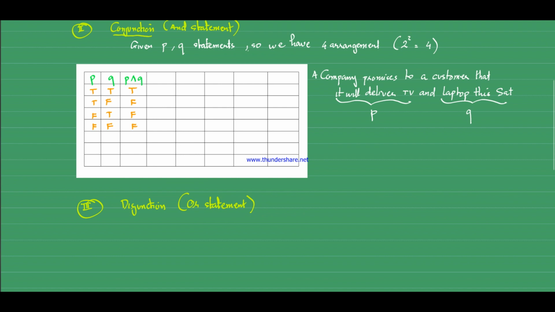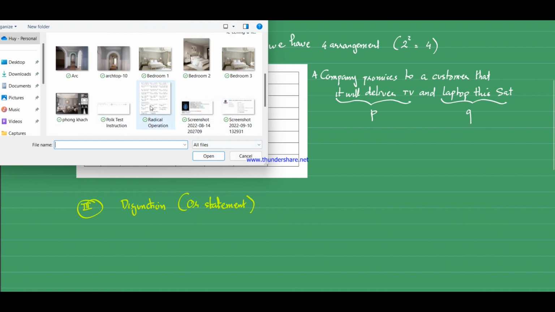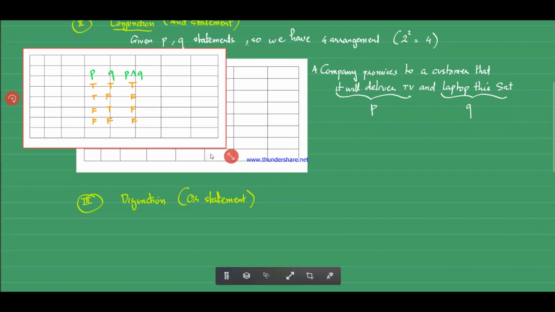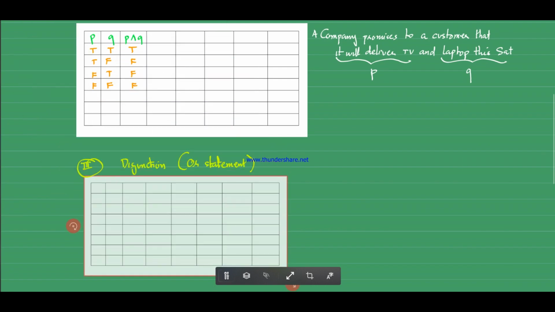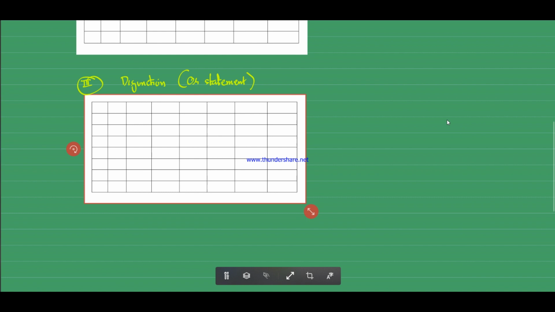So I have a table like this. You have P and Q. Again, we have two statements, P here, Q here.